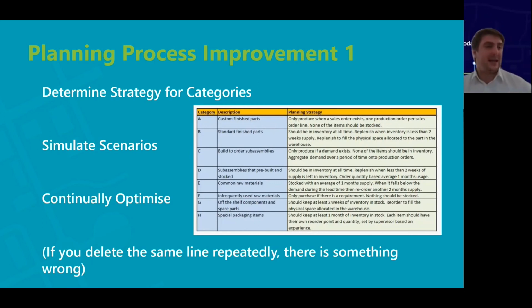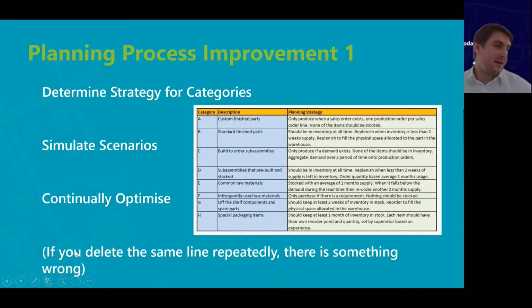In my experience, every successful MRP implementation is always about continuous improvement. You're never going to set it once and get it right, because things are changing, regardless of whether it's the system or life.